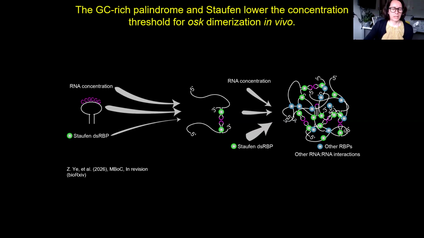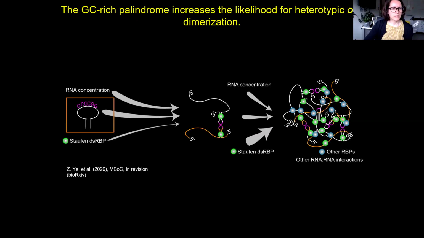But there is another interesting thing that we observed, and that was that the palindrome is not only important to drive the initial dimerization of oskar RNA, but it's very important for determining compositional specificity of the dimer and ultimately of the oligomer.